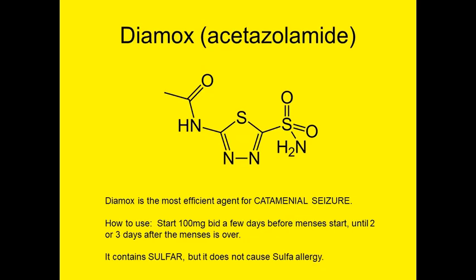Catamenial means that it relates to the menstrual cycle. How do you use it? Start from the smallest dose twice a day, starting 2 days before the menstrual cycle, and continue until 2 or 3 days after the menstrual cycle is over. It contains a sulfur moiety, but it does not cause sulfur allergy.